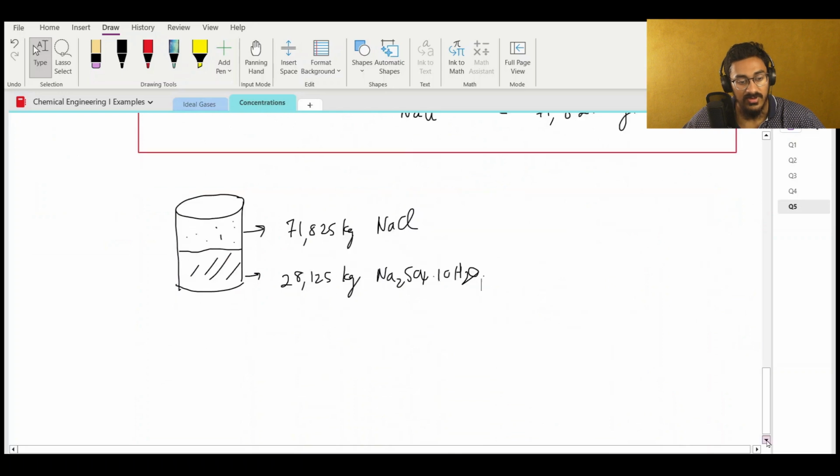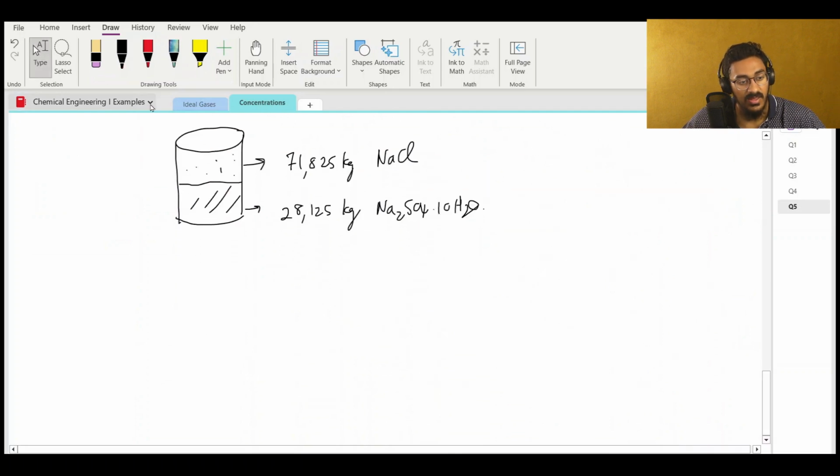So now we've got something interesting coming. Now, I know that sodium chloride contributes to the sodium content in the mixture, and sodium sulfate also contributes to the sodium content in the mixture. But I only have the mass of this, right? I know the mass of the entire crystal. I don't know what mass of that crystal is being contributed by the sodium.